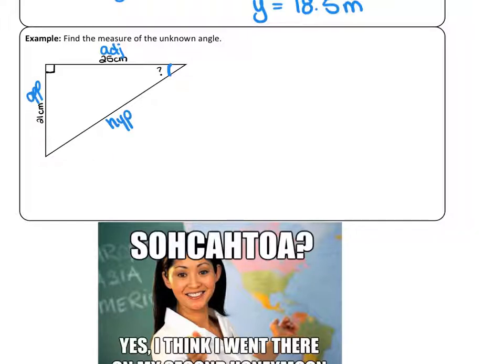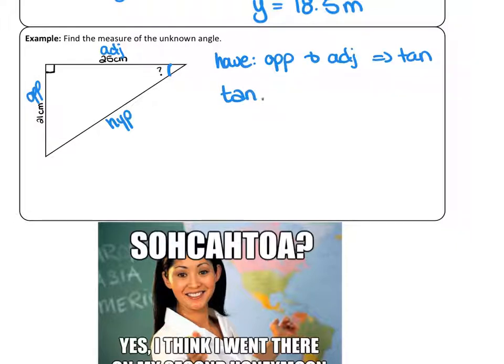Now this one works a little bit differently. In this case, I'm going to list the two things that we have. We have the opposite and we have the adjacent. If I go back to our ratios, the one that had both the opposite and the adjacent was tan. Tan equaled opposite over adjacent. So we're going to use that one.